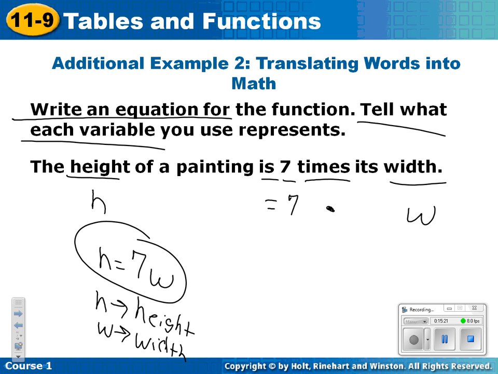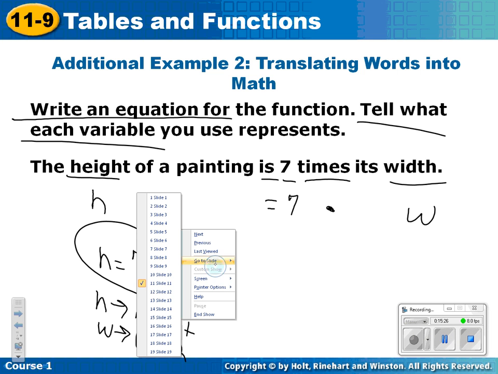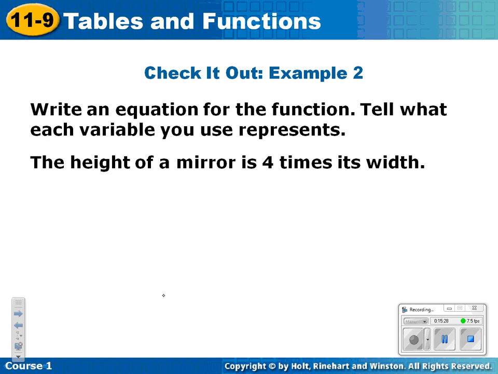Okay. For every W value, there is an H. What do you think that, what is my, anyone want to come up and do it? Tommy Ann, why don't you give it a shot?